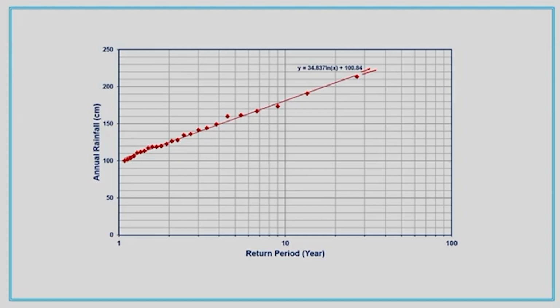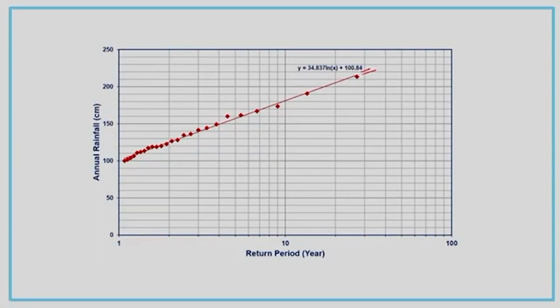You can find out the value of the annual rainfall corresponding to any of the return period value by making use of this equation, or by making use of the graph you can find out the value. In case you are finding it difficult to find out the value in this way, you can make use of the table which we have produced in the previous slide, and by making use of the interpolation techniques you can find out the annual rainfall corresponding to a particular return period.